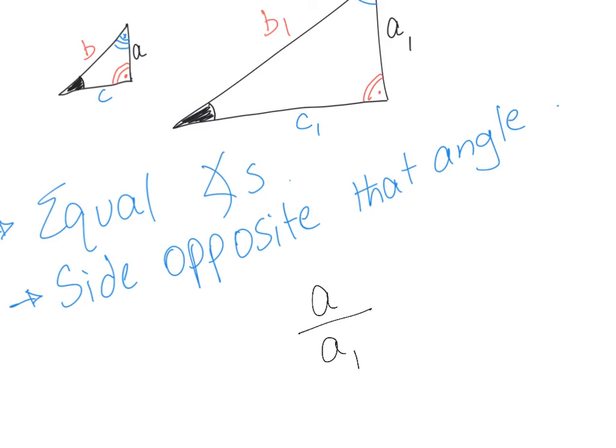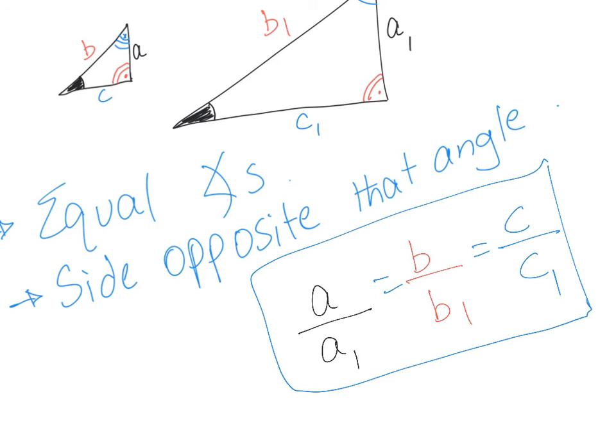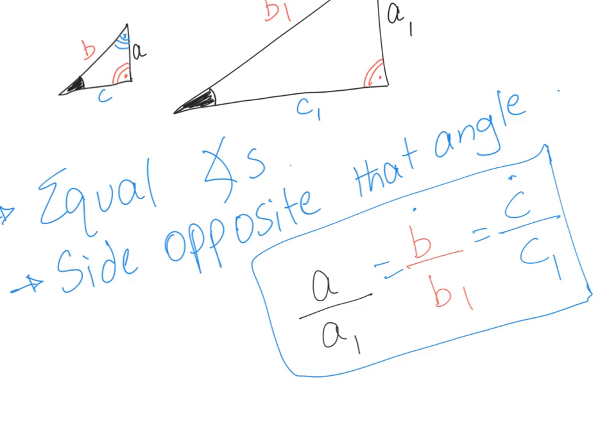A and A1, B and B1, right? We start with the smallest diagram, we'll write the smaller one for all of them. And we'll equate all these ratios. So these are our corresponding ratios for all the sides. Once you get 2 ratios, you use 2 to solve for the variable that you need. But you'll be able to write all these ratios as needed. Okay? So this is how we'll do this.